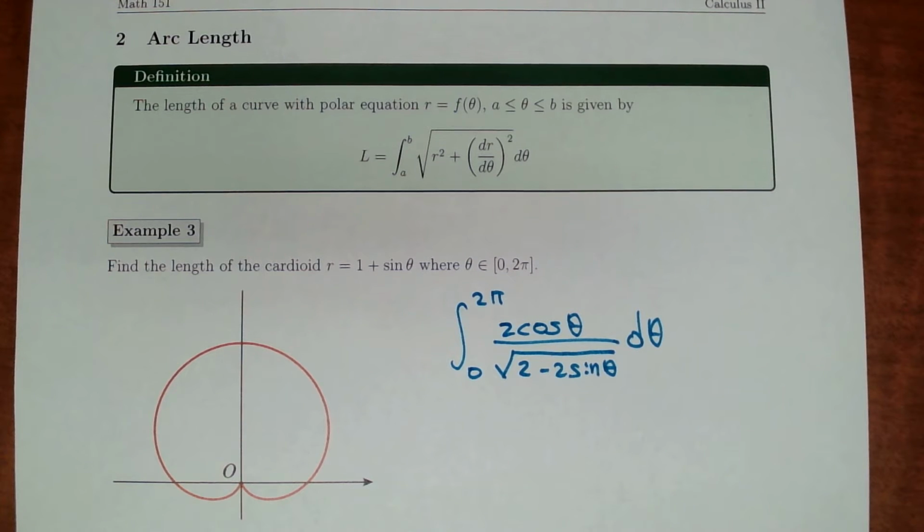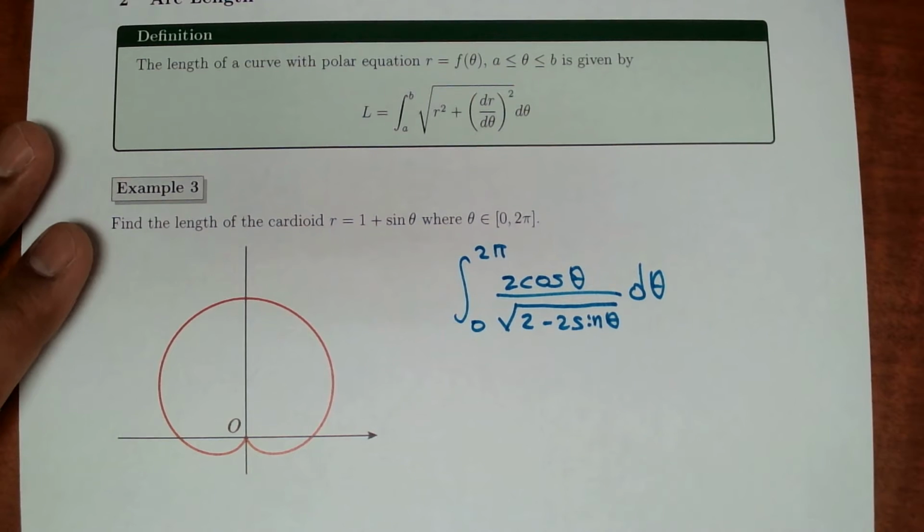So at this point, notice that in the numerator of the integrand, we have what would work very well as the du for u equals the quantity inside of the radical here.